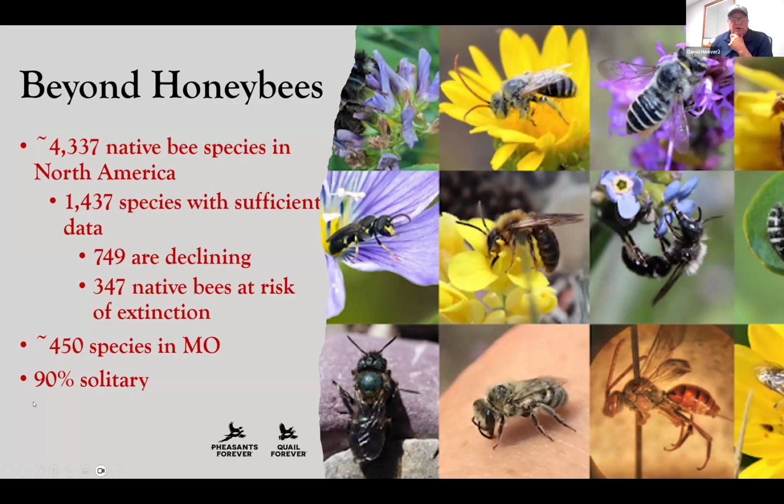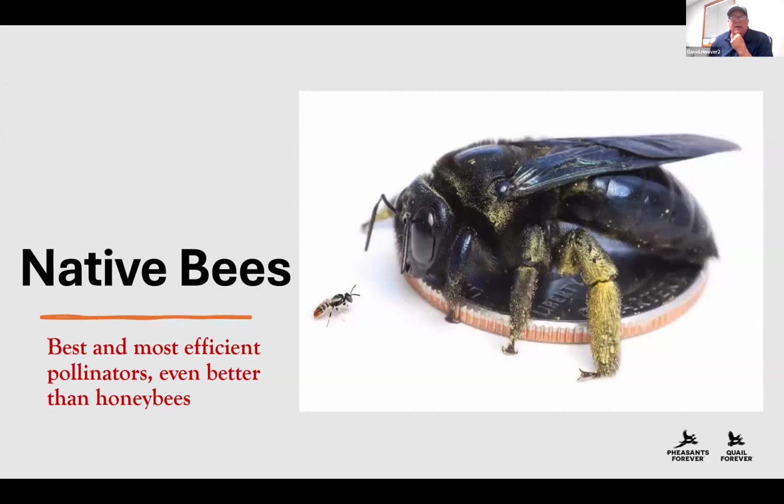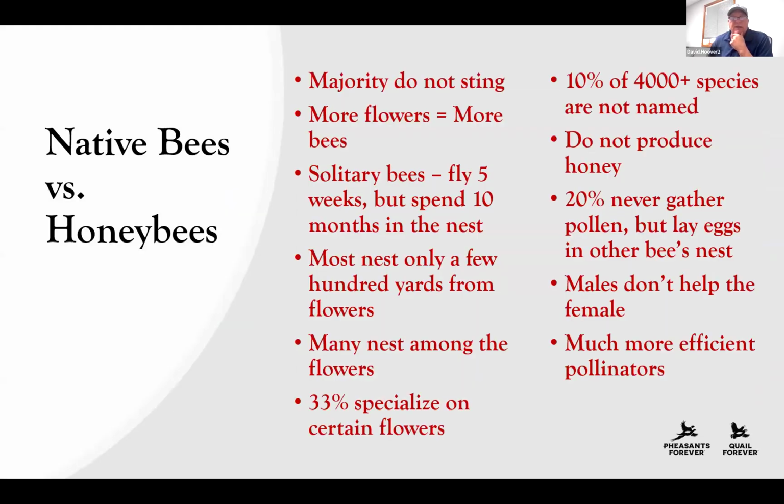As they do surveys, 90% of those are solitary, which is unlike honeybees. Most native bees are solitary, and they're really much more efficient as pollinators than honeybees are. A couple reasons for that, we'll get to in a second, but a majority of our native bees don't sting like honeybees.